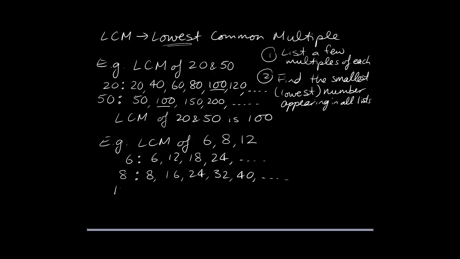And 12: 12, 24, 36, and so on. Now comparing all 3 of those lists, the first number that appears in all 3 lists will be 24, making the LCM in this case 24. So there we have HCFs and LCMs.